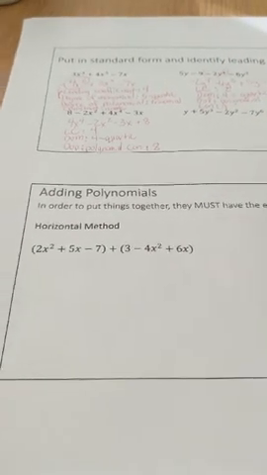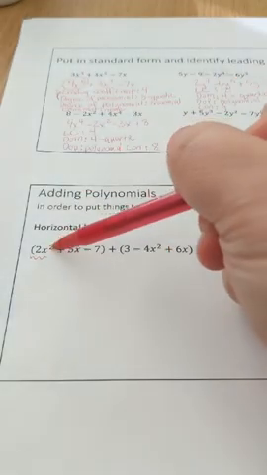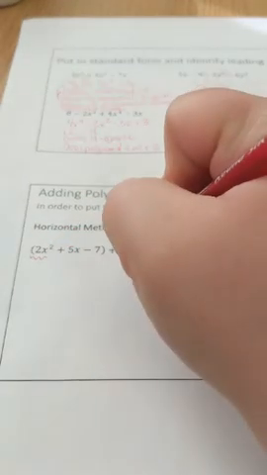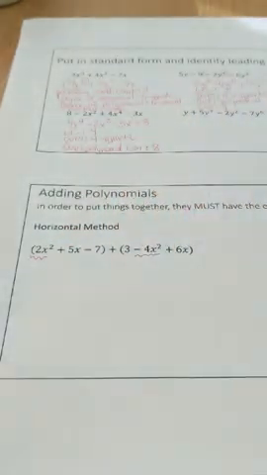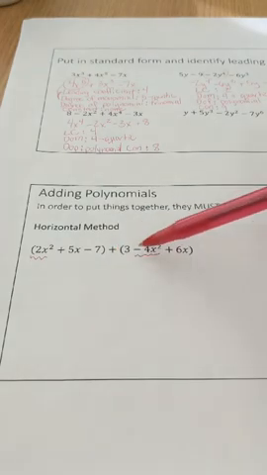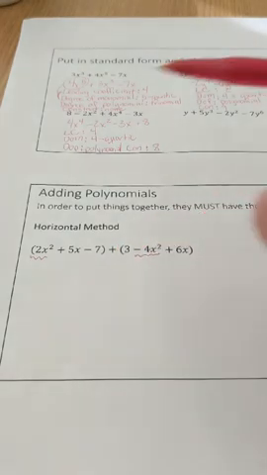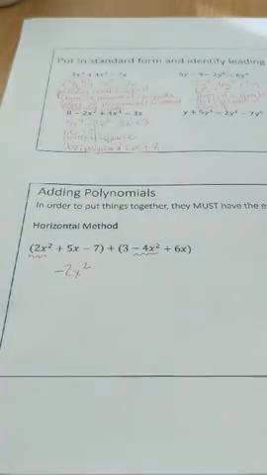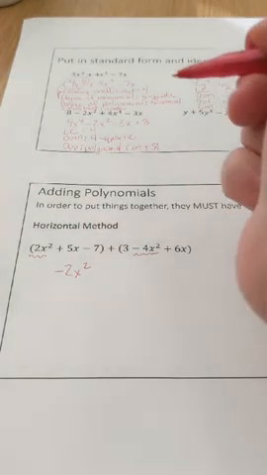So what I do is I come in and I say, all right, I have the highest exponent is 2, so I'll put those together first, and I put little squiggle marks to show myself that's what I'm putting together. So then I say, all right, 2 plus negative 4. Well, 2 plus negative 4 is negative 2, and then the x squared just stays exactly as it is.